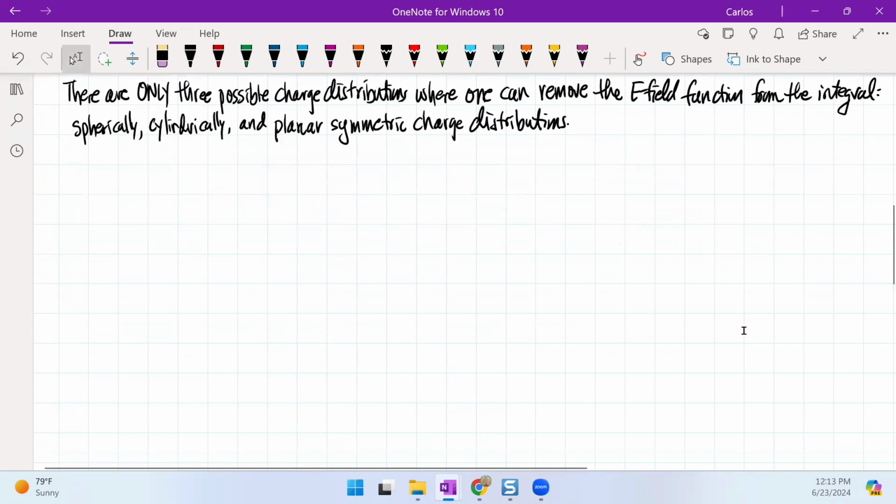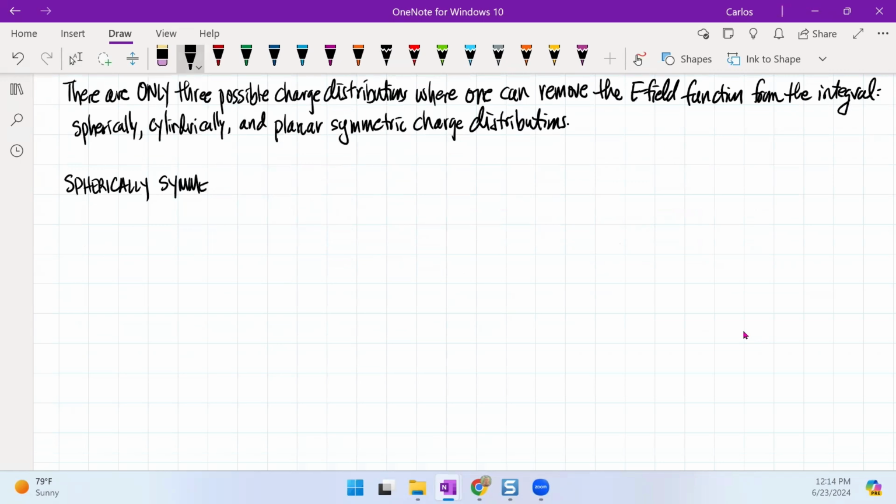So now let's try to put stuff together, and let's start off with a sphere. Let's imagine that we have a spherically symmetric charge distribution. Picture-wise, I imagine that I have a uniformly charged sphere.